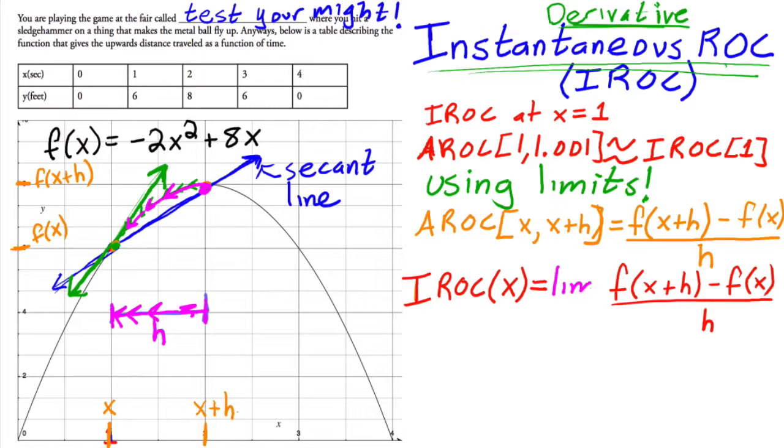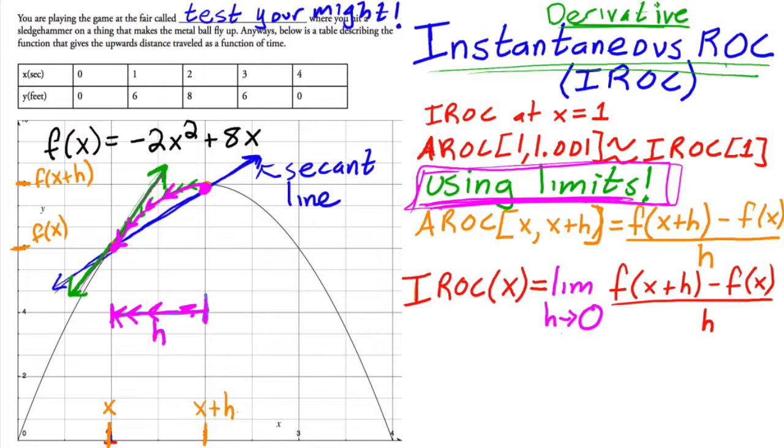So if we take the limit as h approaches 0 of the average rate of change, we're getting this point as close as possible to this point without actually touching it. This would be impossible without limits. Without this idea of limits, we wouldn't be able to find the instantaneous rate of change. We can only approximate. That's why we spent all that time talking about limits.